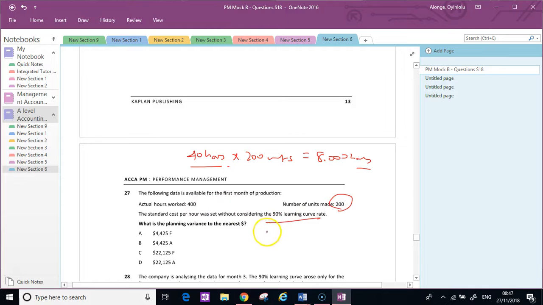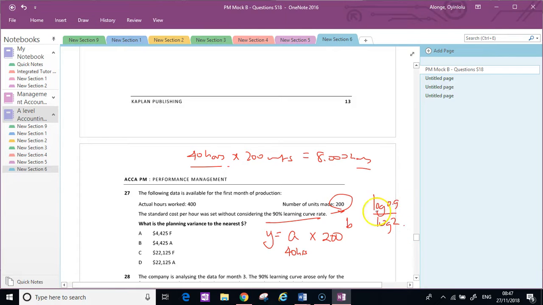Using our equation, if I can find out what the average time is to make 200 units, I can find out the total time. So y is equal to a, where a is equal to 40 hours, which is the time it takes to make the first unit, times 200 raised to the power of b, where b is equal to the log of 0.9 over the log of 2.